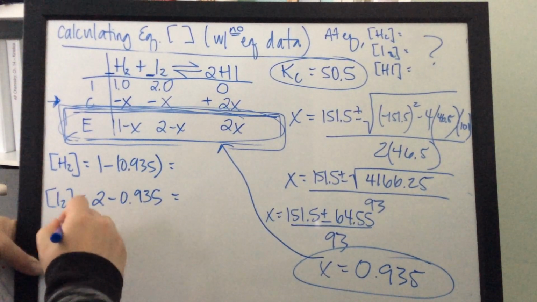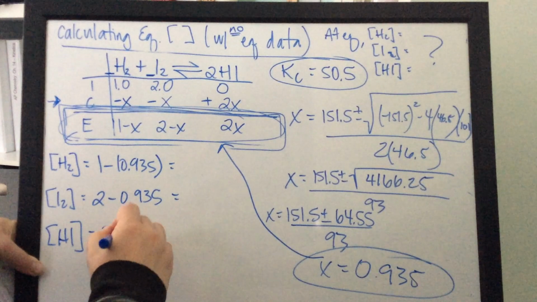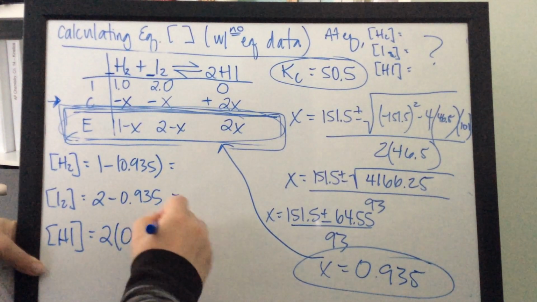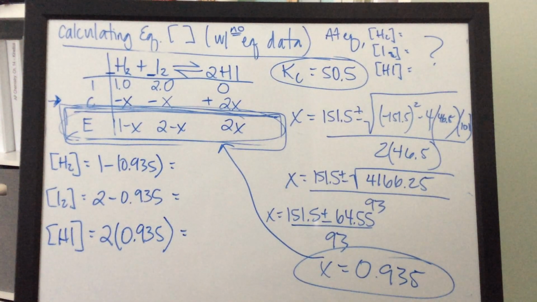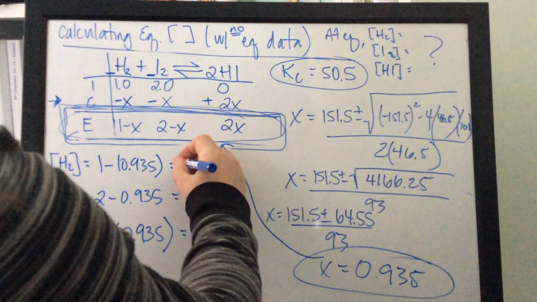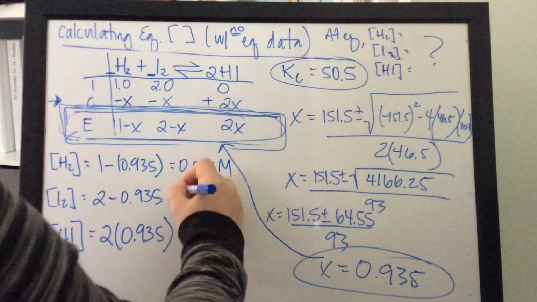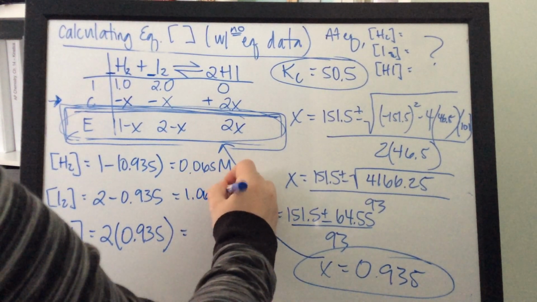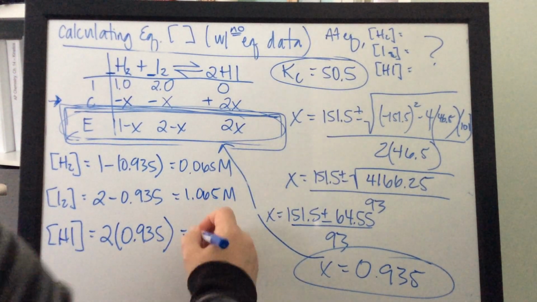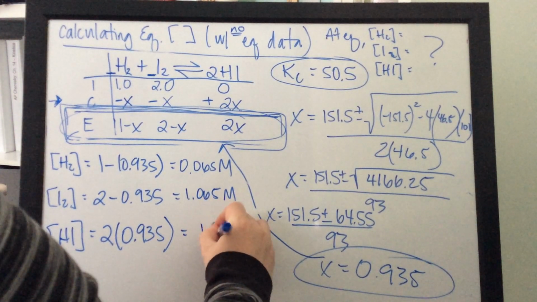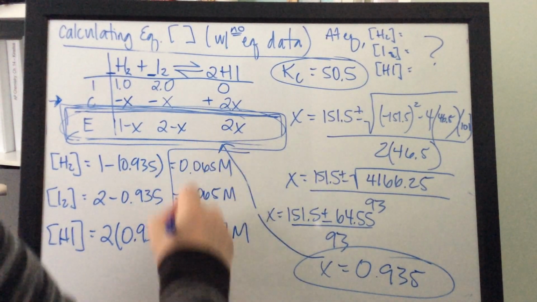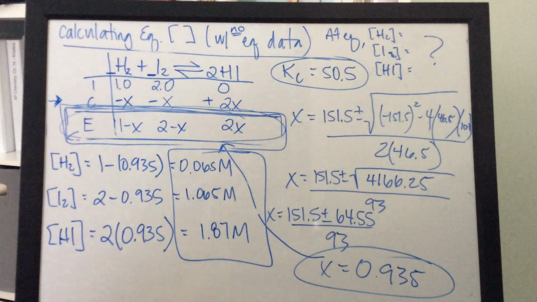The concentration of HI at equilibrium is 2 times the value of x, of course. So all I have to do is number crunch. I get a concentration of 0.065 molar for H2, 1.065 molar for I2, and 1.87 molar for HI, and this is my final answer.